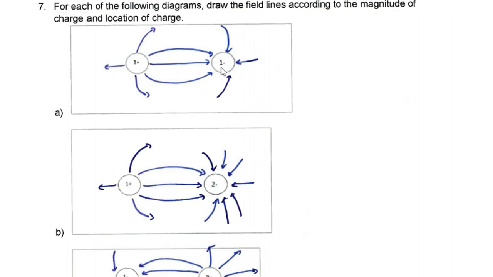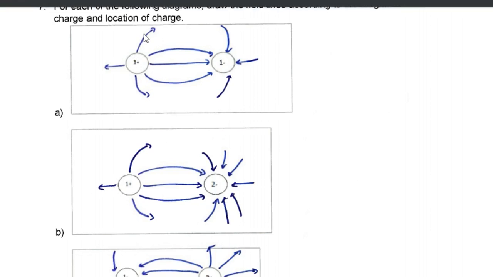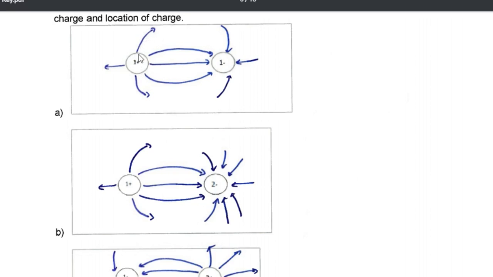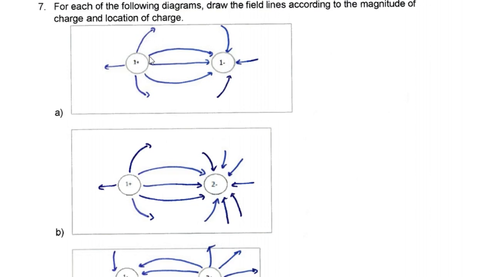This is positive one, this is negative one. So they have the same magnitude, but obviously a different sign. So the magnitude, or aka the number of field lines, is going to be the same for both of them, but the direction obviously is different. So it's moving radially out from the positive charge into the negative charge.